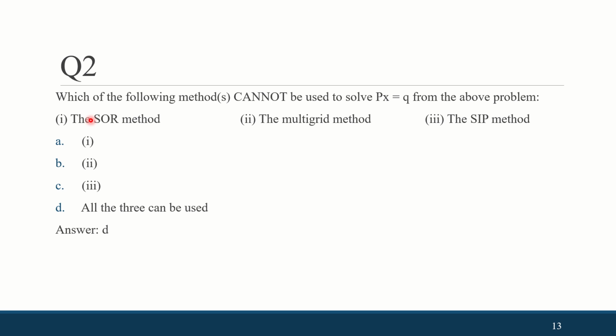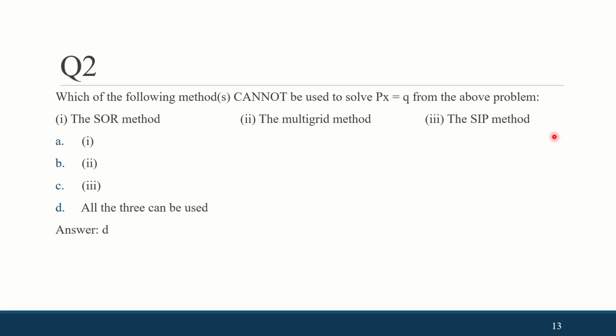There is no criterion that it is not being solved by these. So like SOR we should give an over relaxation factor, and multigrid is solving this equation in multiple grids, and this is an LU decomposition method with some modifications.